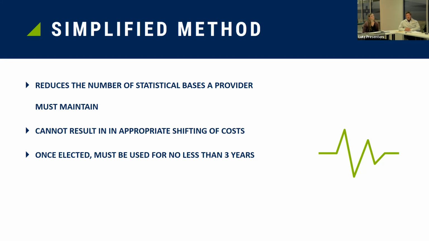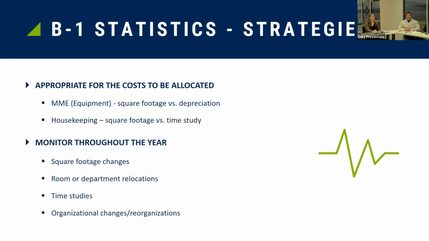And this is an interesting comment, but in the rule, it says it cannot result in an inappropriate shifting of costs. And then once elected, it must be used for no less than 3 years. So that's why for those facilities that we've done a simplified method analysis for, we basically want trended data, meaning we're looking at 2-3 years at least to ensure that it's proper for them.